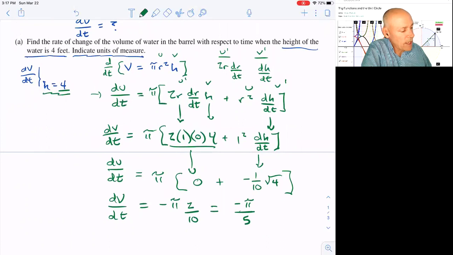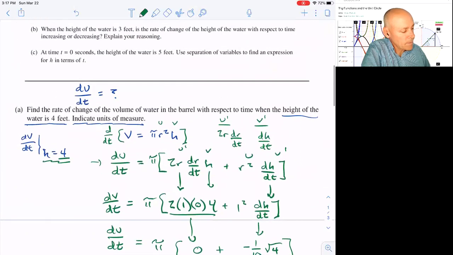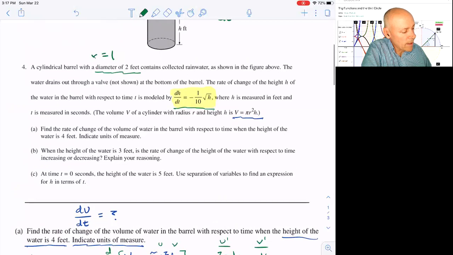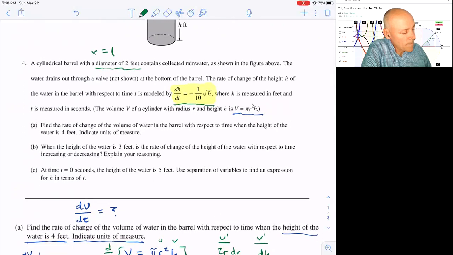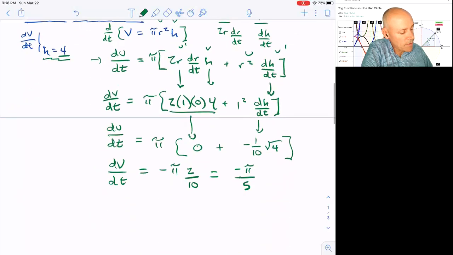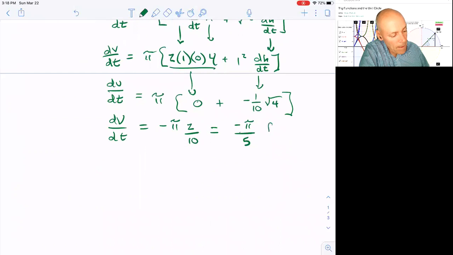And if this is the change in volume, and volume is measured since the height is given in feet and the radius or the diameter is given in feet, so the volume is going to be cubic feet.